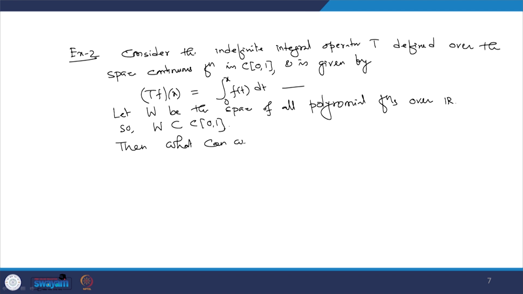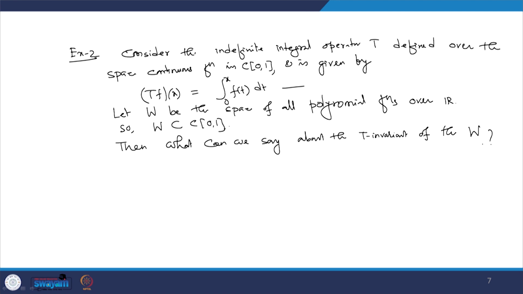Then what can we say about the T invariance of the subspace W? I mean, for the space of polynomial functions, when you integrate, will it remain again a polynomial function? Certainly, because if I integrate a polynomial function, I will get again a polynomial over the corresponding field.